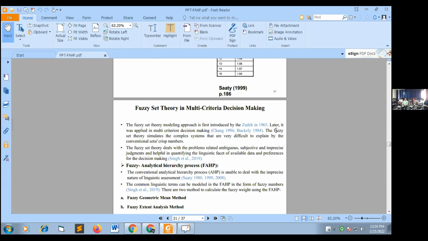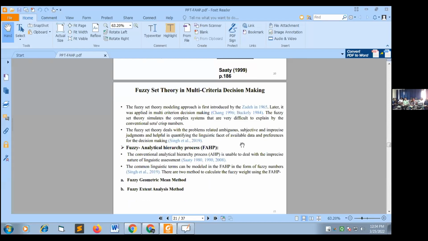After that it was used in multi-criteria decision making with the help of AHP by Buckley in 1984 and Chang in 1996. Fuzzy AHP was discovered by Buckley using a geometric mean process. Chang, in 1996, used possibility theory, or you can say fuzzy extent analysis.